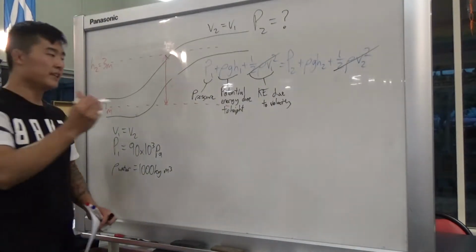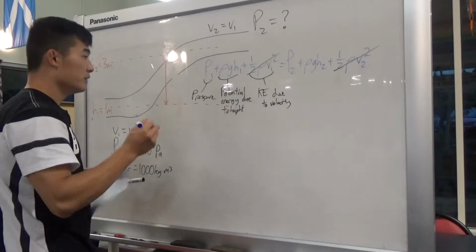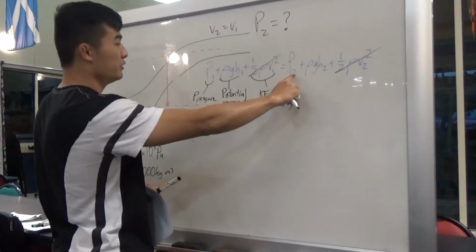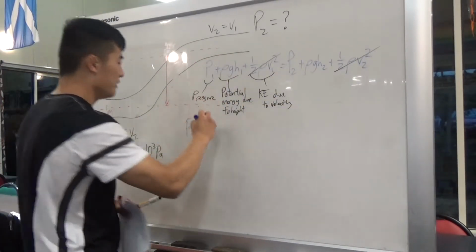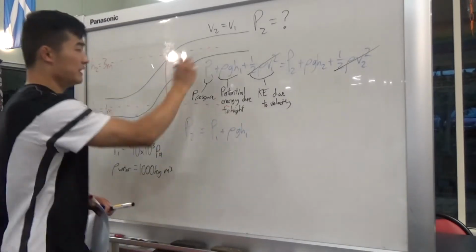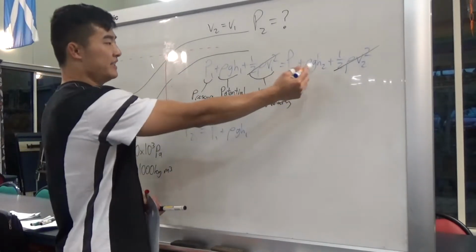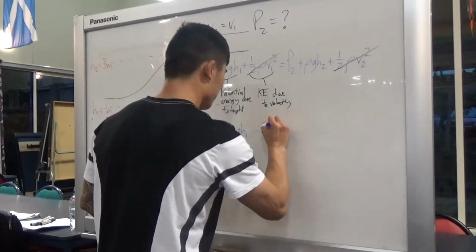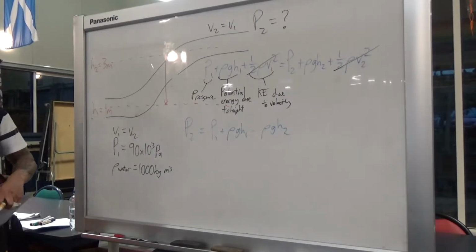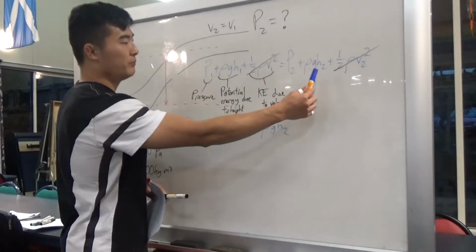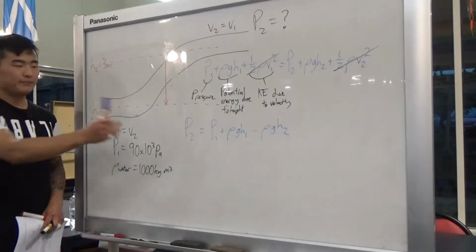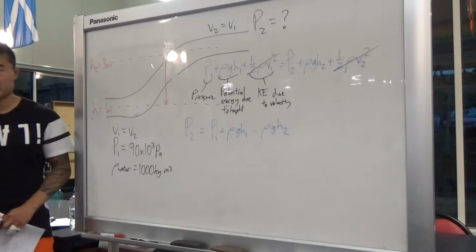So now we're just going to rearrange this equation. P2 is equal to P1 plus rho GH1, minus rho GH2. What I've done is just subtract rho GH2 from both sides to get P2 on its own, moving P2 over to the left.